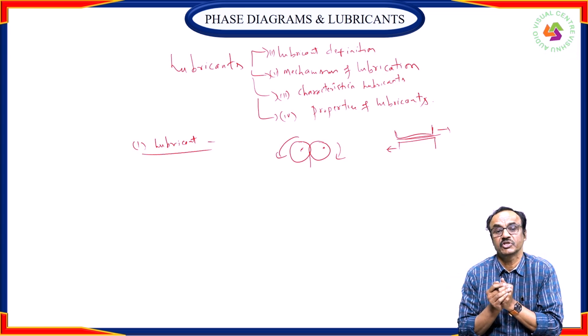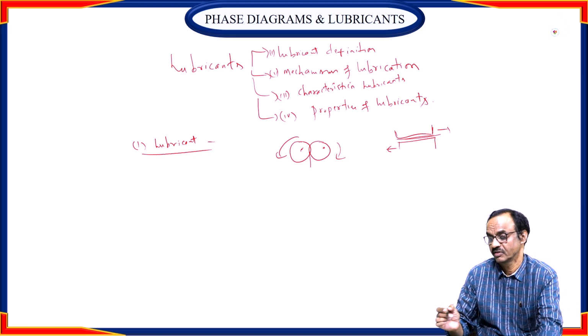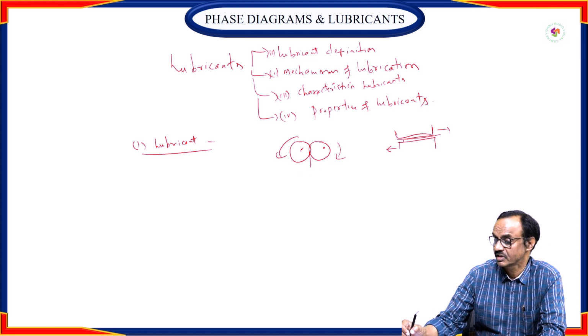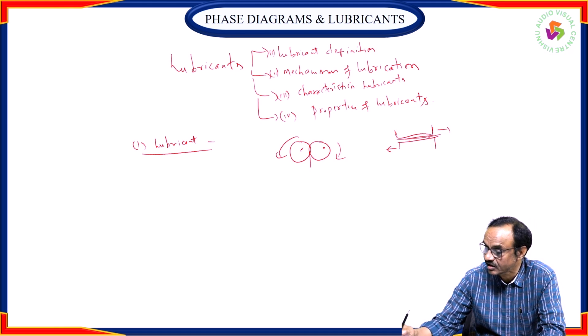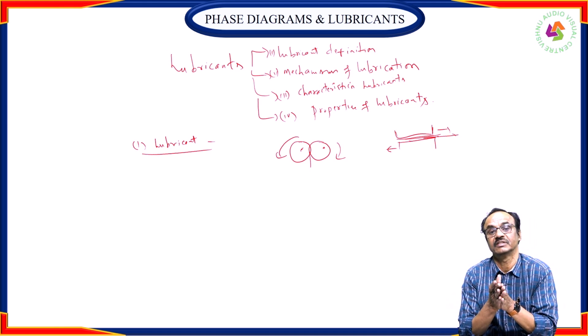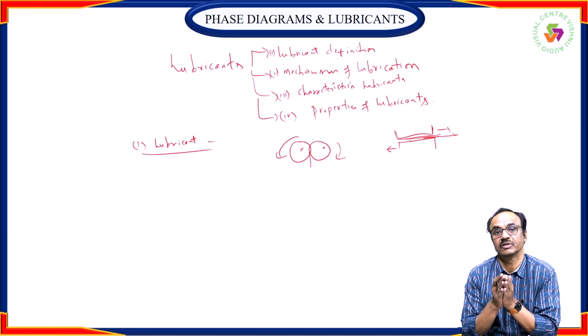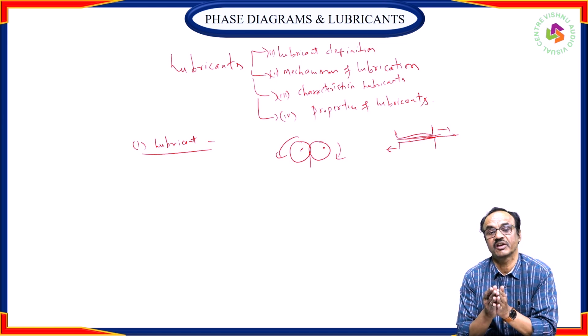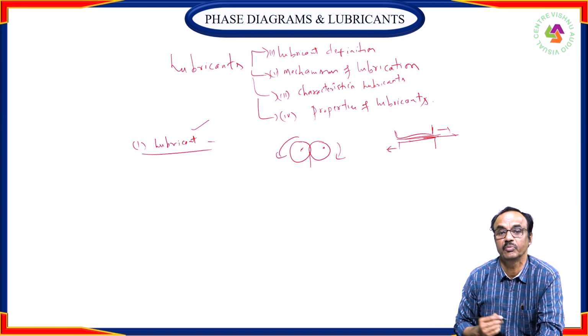In light, medium and heavy machinery, metallic surfaces rotate and slide against each other, and the place at which they touch each other, heat generates. To minimize that heat generation and reduce the frictional resistance, we introduce substances. That substance is called lubricant.